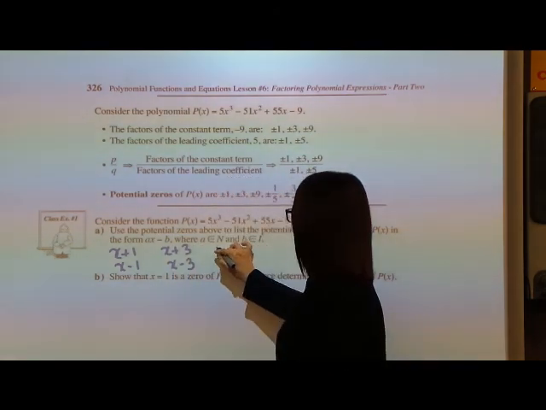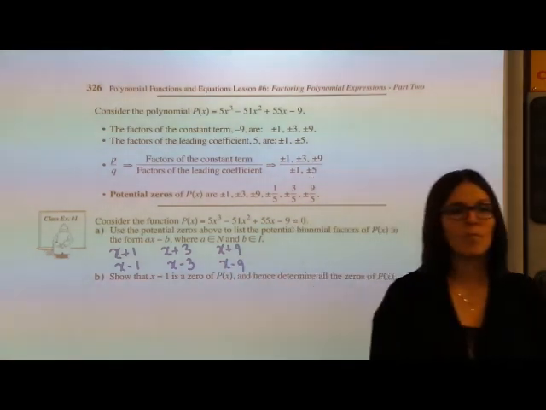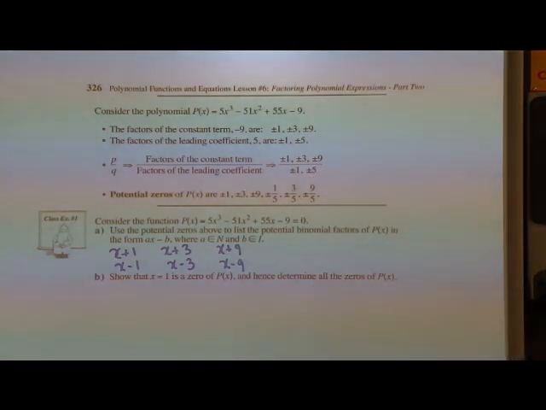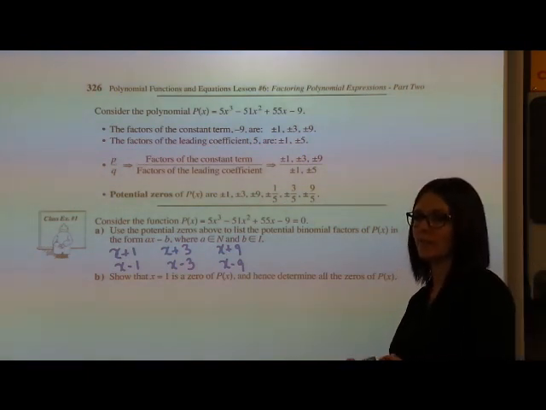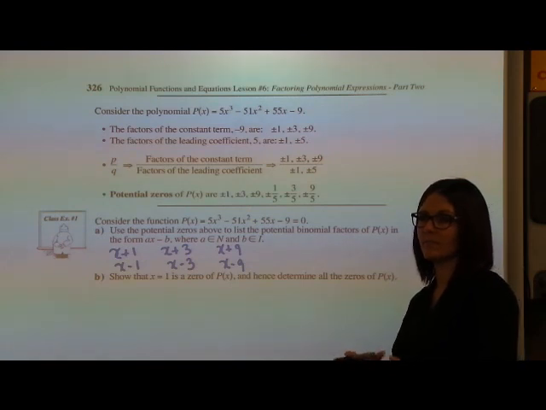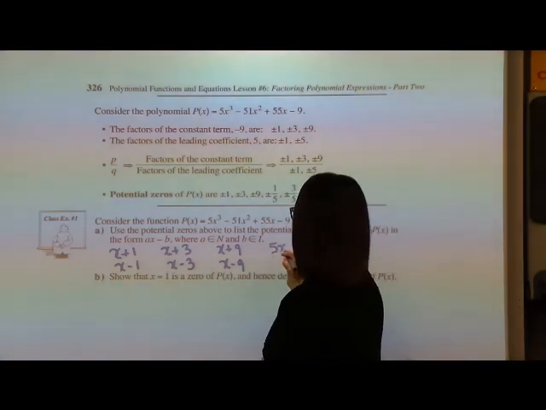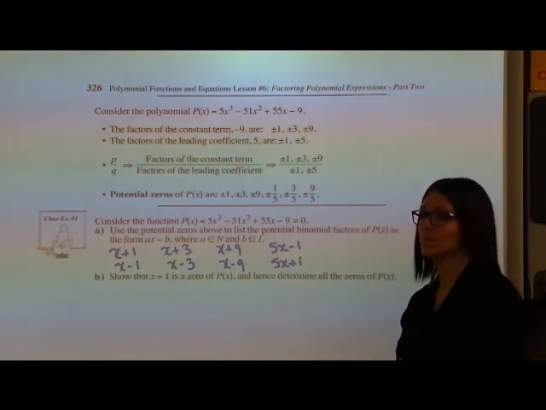And then I have the same thing for 9. If I have a 0 of 1/5, what's the factor going to be? 5x minus 1 over this one, right. And then 5x plus 1.